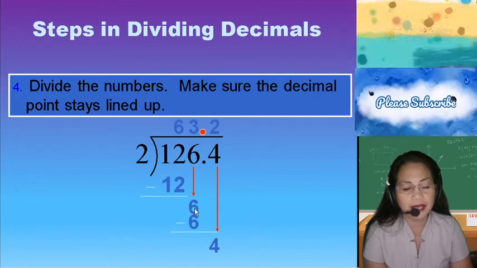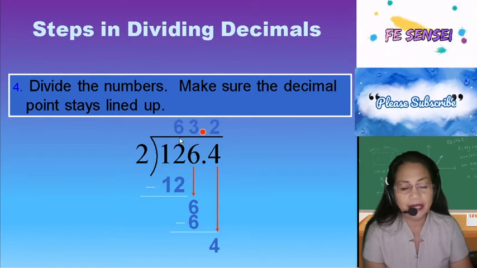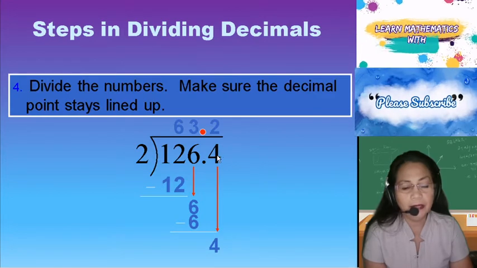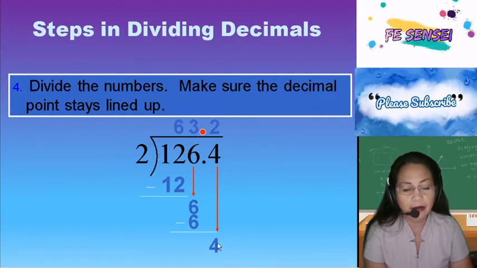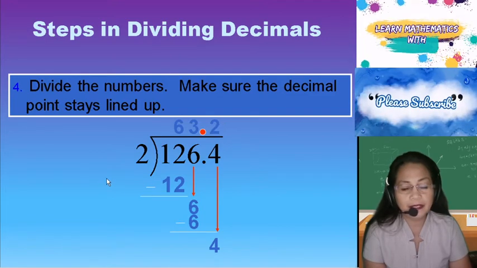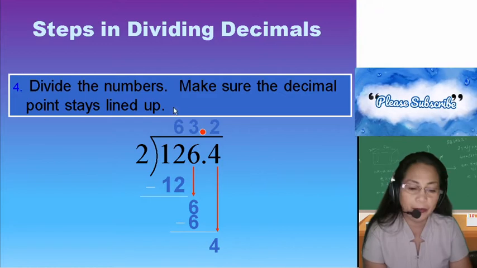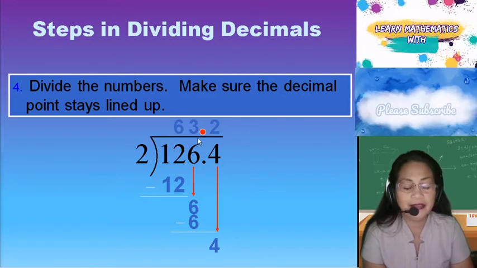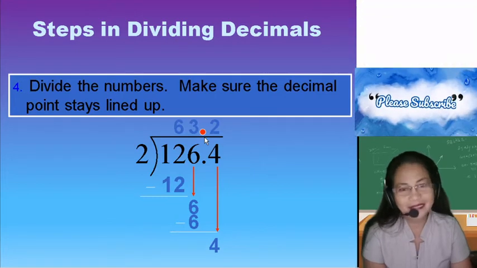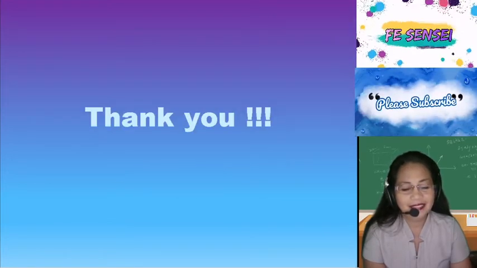Bring down 6. 6 divided by 2 is 3. And 3 times 2 is 6. 6 minus 6 is 0. Bring down 4. 4 divided by 2 is 2. 2 times 2 is 4. 4 minus 4 is 0. Therefore, the answer is this. Got it? That's all.